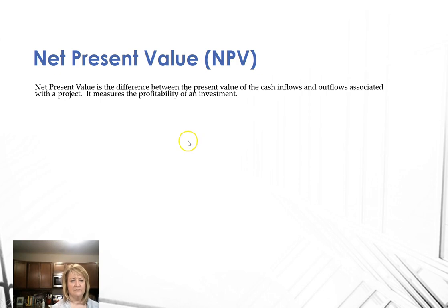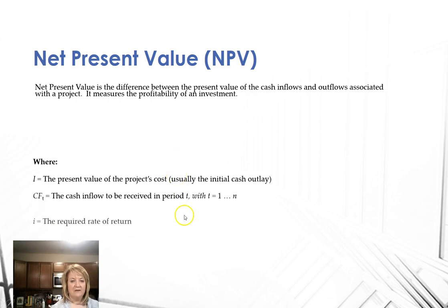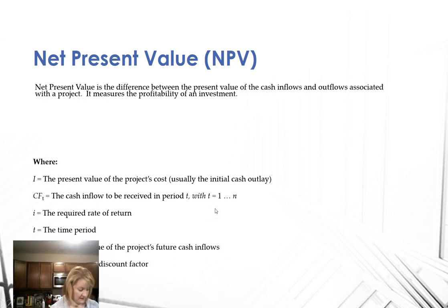Net present value is the difference between the present value of the cash inflows and outflows associated with a project. It measures the profitability of an investment. And the formula for net present value is this.